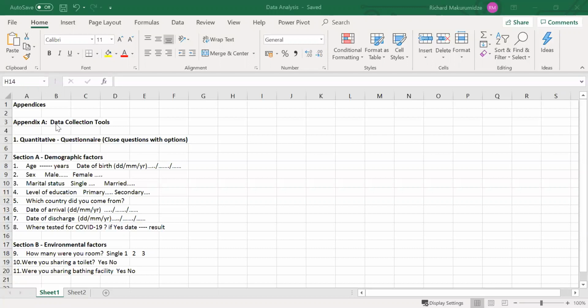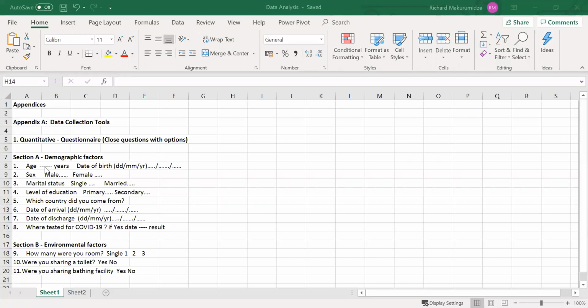So let's say your sample size, or the number of returnees, or people at risk of getting COVID, that you want to ask, is 20. It means you have to print 20 questionnaires with all your questions. You then go and ask 20 people your questions.